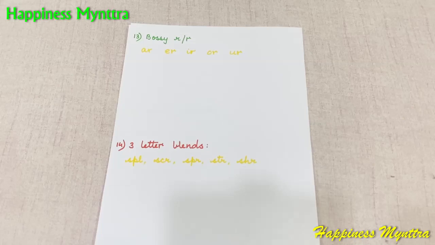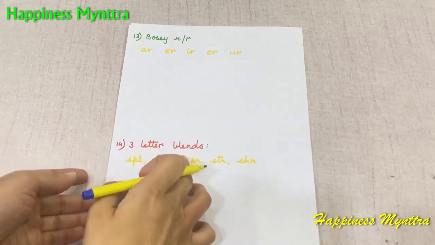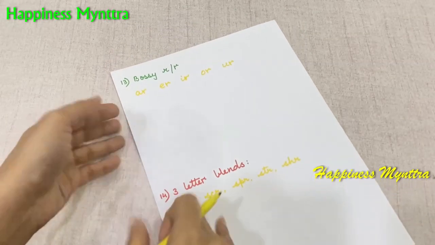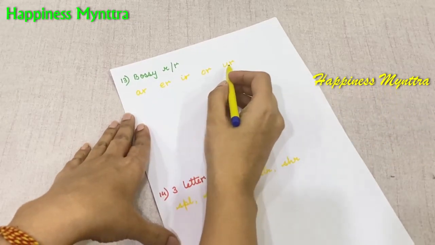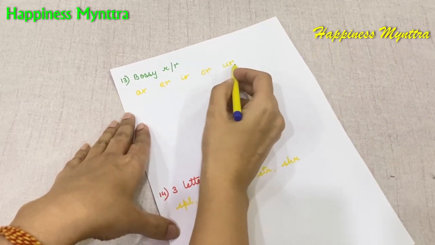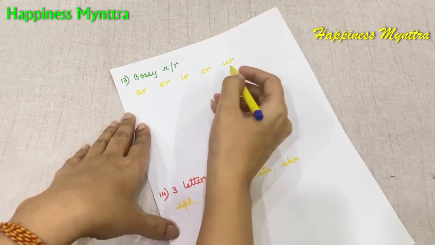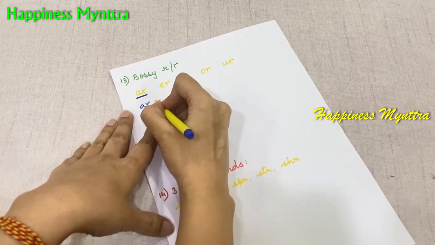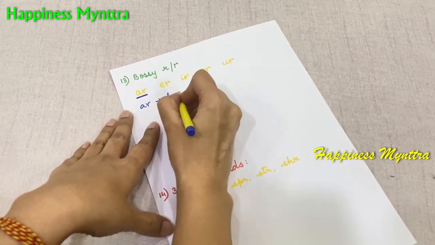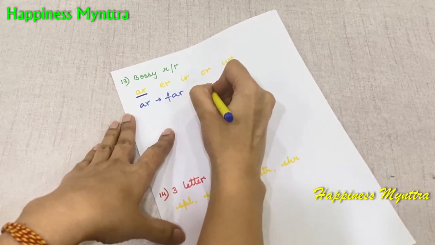We move on to the next rule, which is the Bossy R rule. What happens here is that when we have R with any of the vowels, the sound of the R becomes predominant. In case of 'ar', it remains 'ar' for words like far, car.